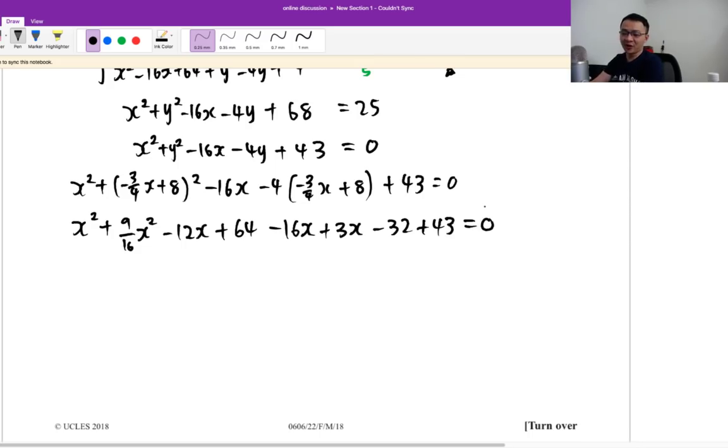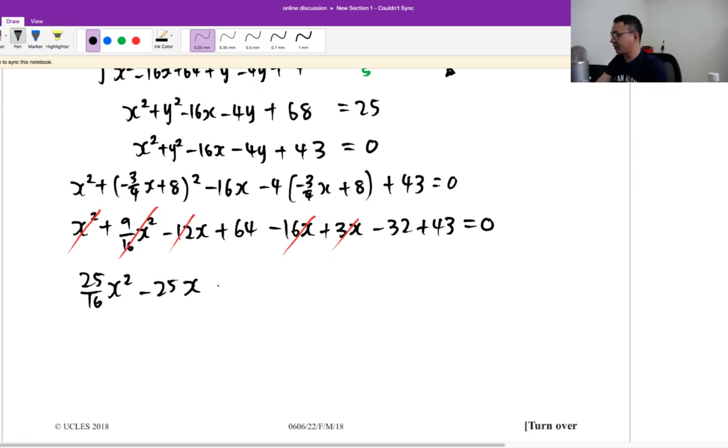And then we will need to solve this equation. So this one I will join together, which is 16. So I got 25 over 16 x squared. Now I solve these two terms. Alright, and then we solve the x, which is negative 25x.